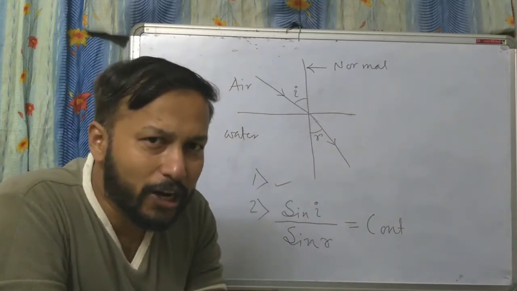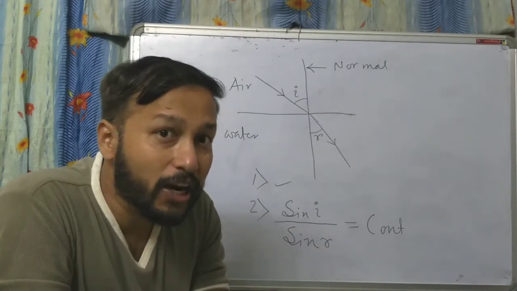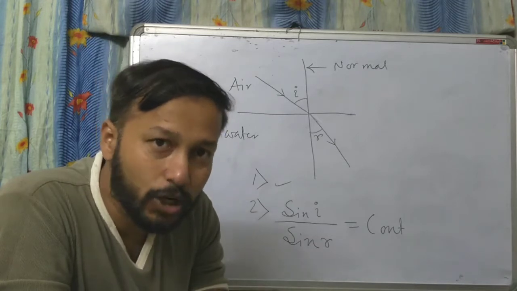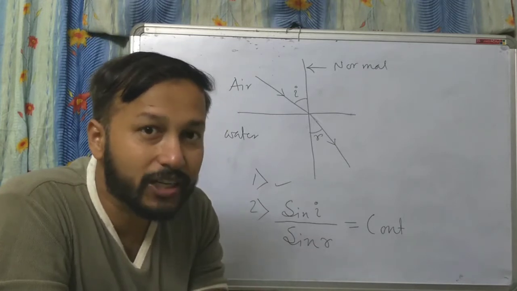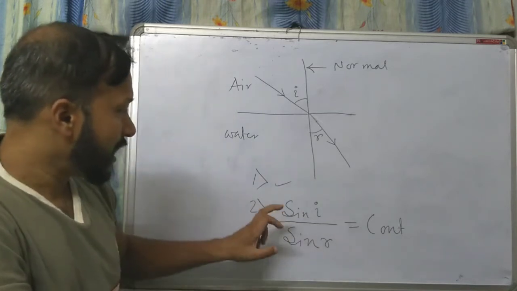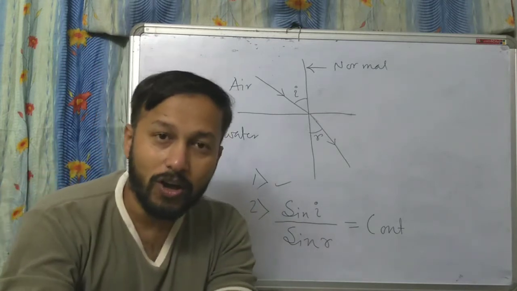So according to the second law, the ratio of the sine of the angle of incidence to the sine of the angle of refraction is constant. Understood? Let us repeat both the laws. What is the first law?